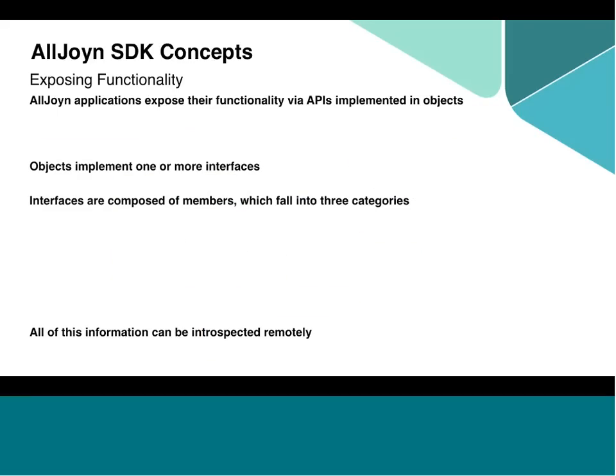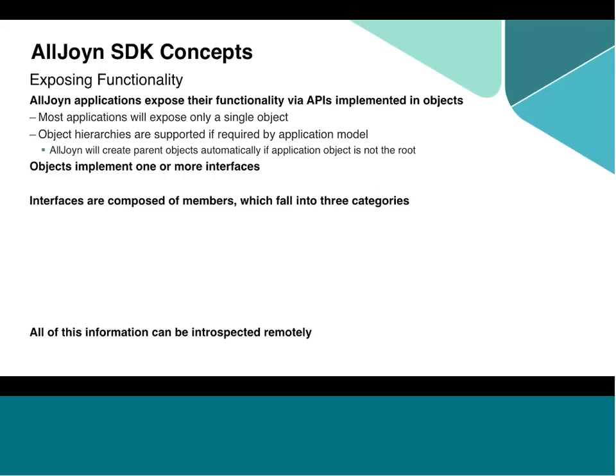So coming into more of the SDK concepts a little bit more, AllJoyn exposes all the functionality through an interface that an object implements. And these objects have hierarchies associated to them, and they can implement more than one. So you can have, as you saw earlier, an org.AllSeen.Media.Audio and an org.AllSeen.Media.Video.